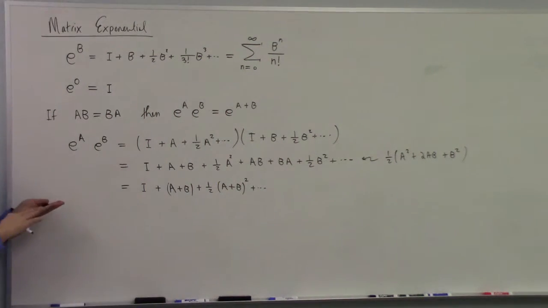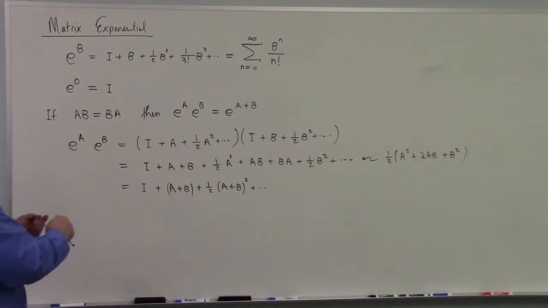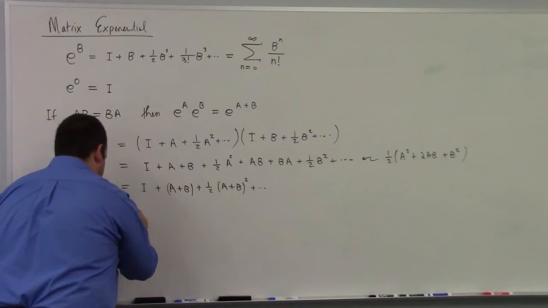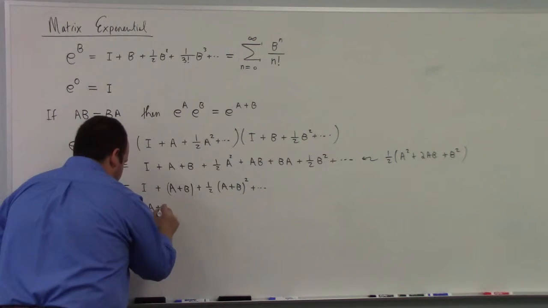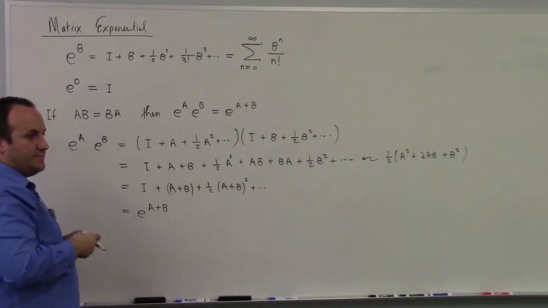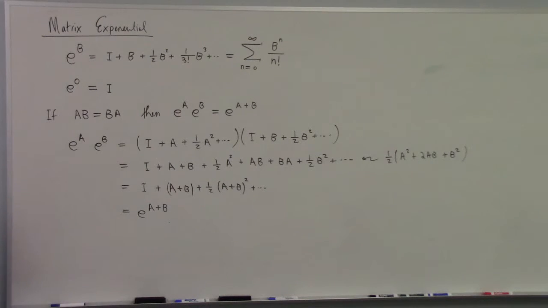And then I can factor A plus B times A plus B, so I get A plus B quantity squared. And then, of course, you see what this is. Well, that's just e to the A plus B. To make this argument careful, of course, you could use the binomial theorem and the Cauchy product, but okay.